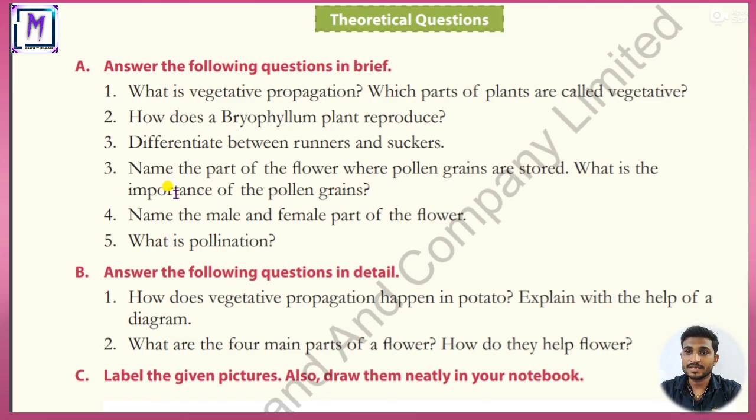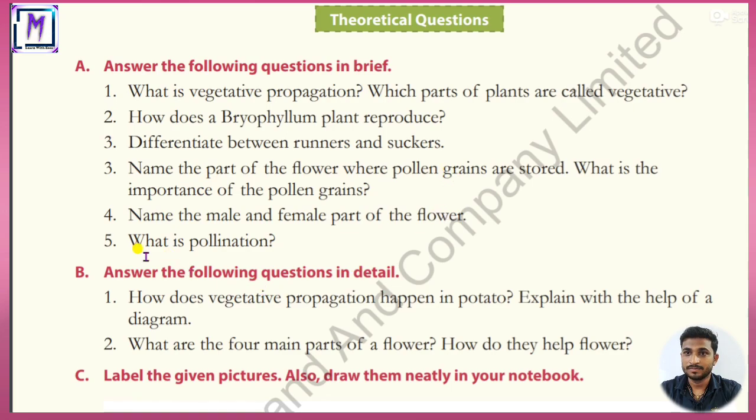Until their fusion with the ovule, a new plant, not the seed, will get produced in the fruits. Even the fruits will not get developed. Now, the part of the flower where pollen grains are stored: pollen grains are stored inside the anthers of the stamen, right?